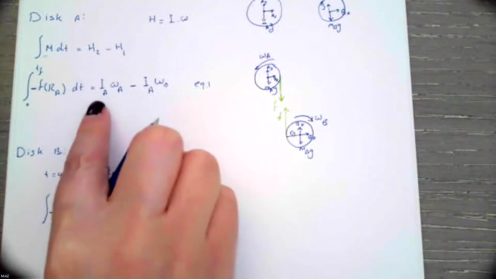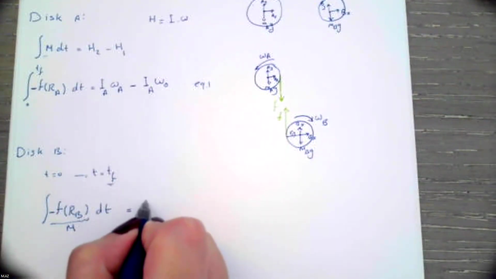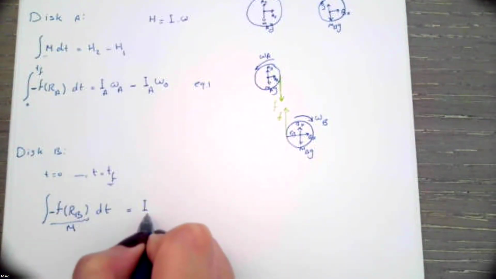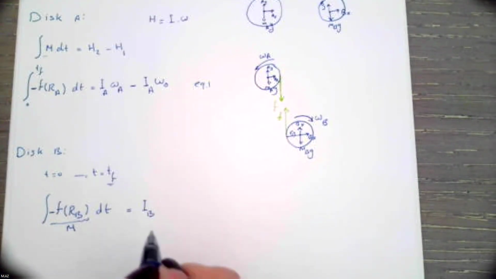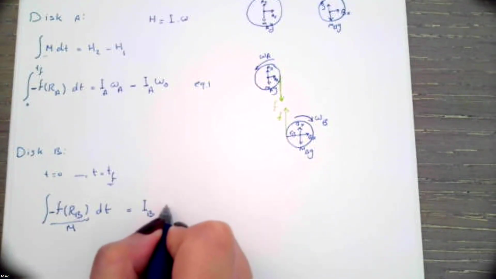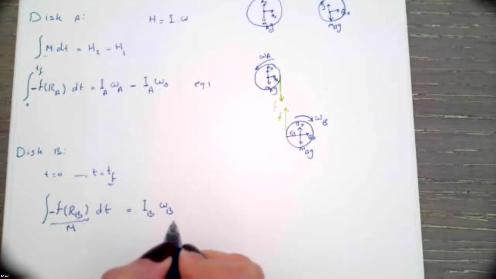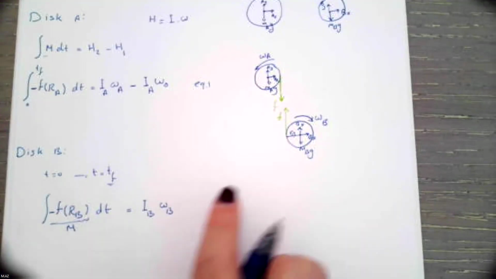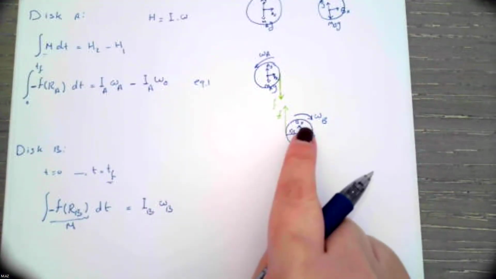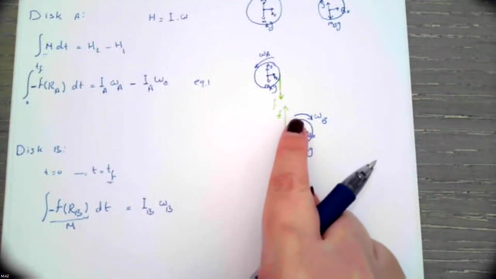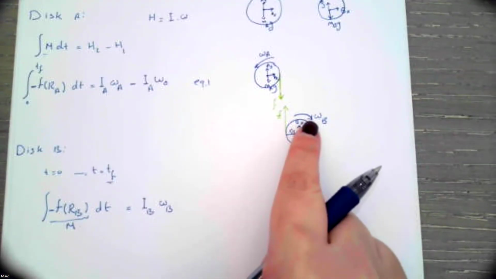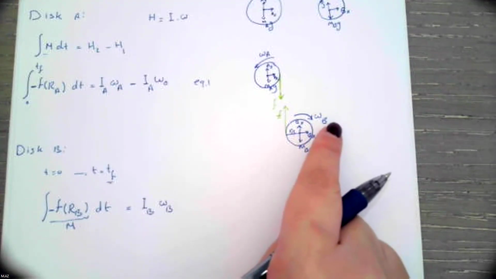How about the right side? Now we have the moment of inertia for disk B times omega B. But look at the problem: after the contact, disk B has a clockwise rotation.